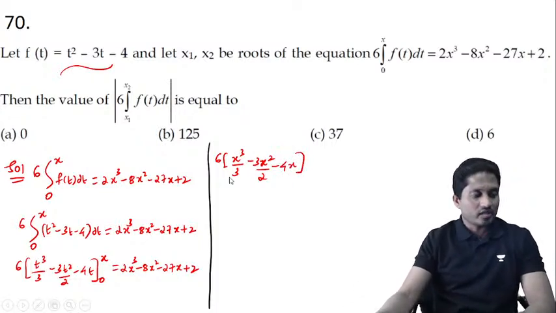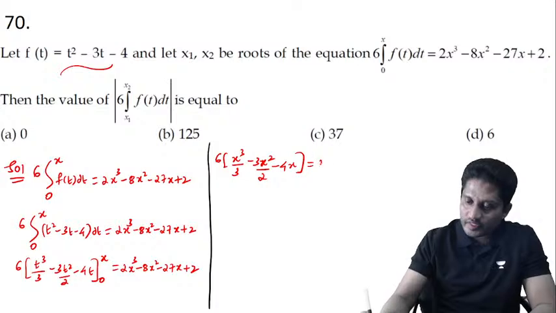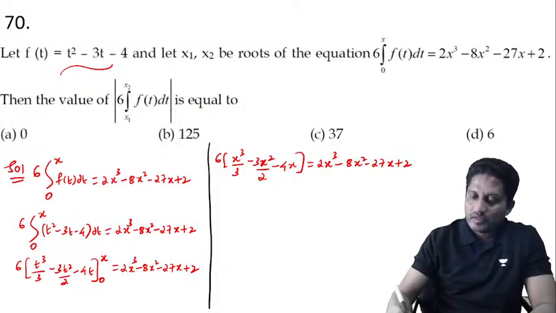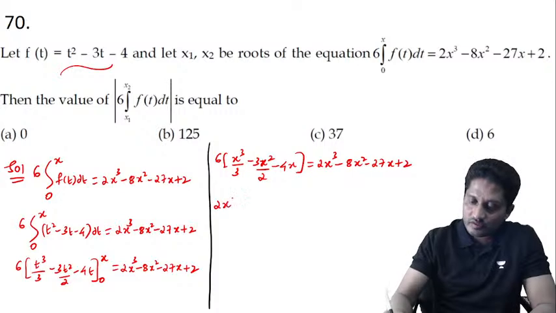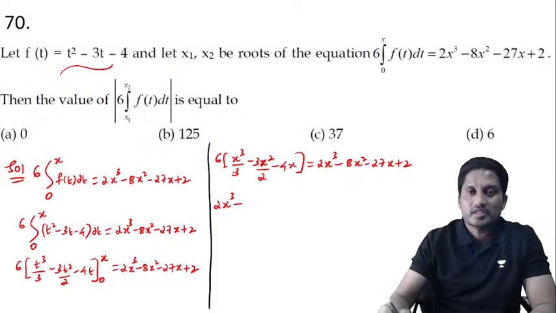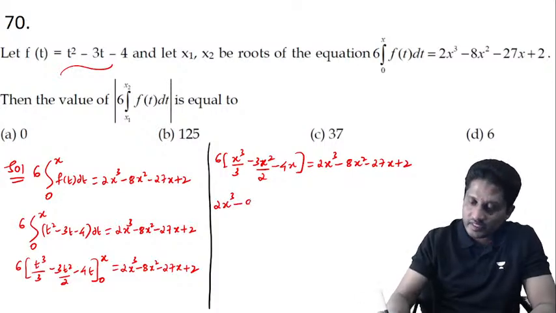Anyways, the lower limit is 0, equal to 2x cube minus 8x square minus 27x plus 2. Now if you open the bracket, you get 2x cube minus 9x square minus 24x, equal to 2x cube minus 8x square minus 27x plus 2.